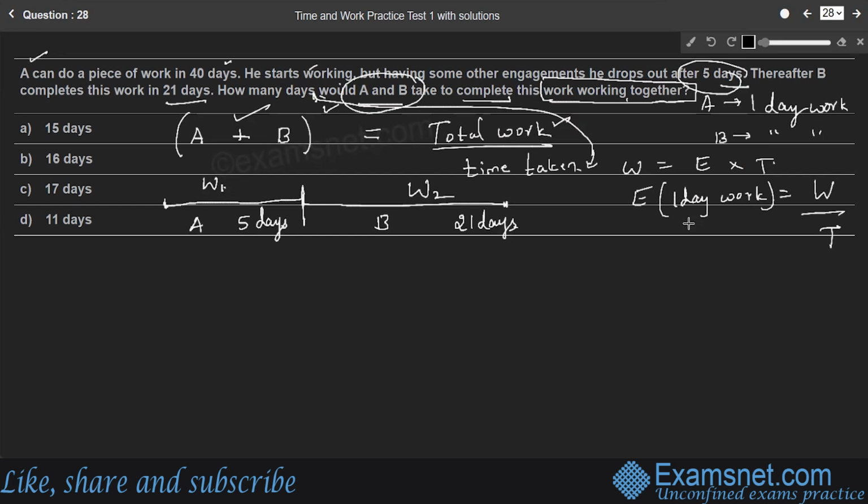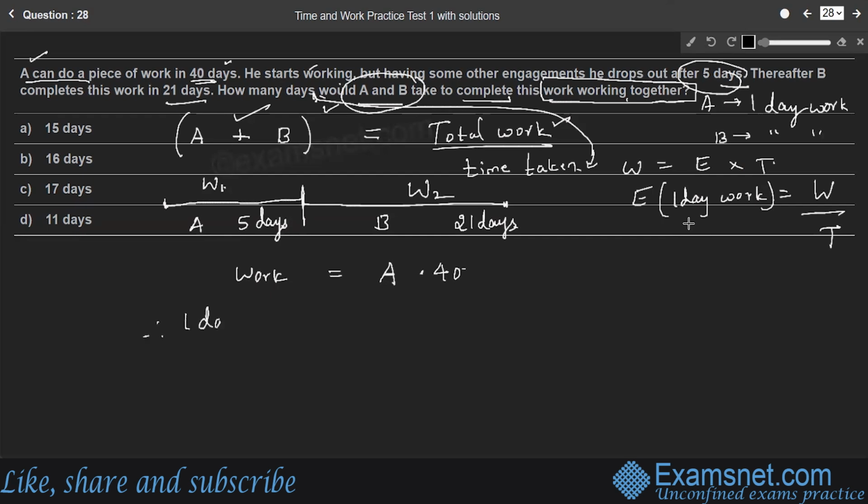And it is given that A can do a piece of work in 40 days. So in ideal condition, if A alone is doing that work, A can do it in 40 days. Therefore, work is equal to efficiency or 1 day work of A into 40 days.